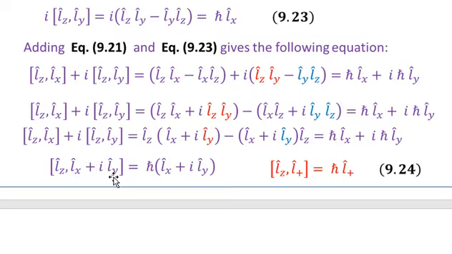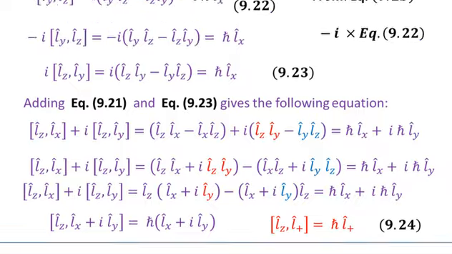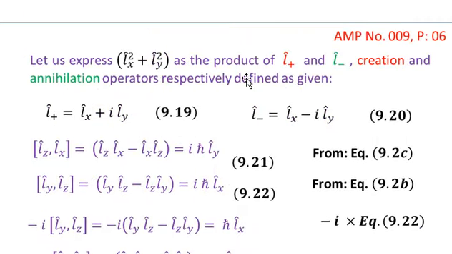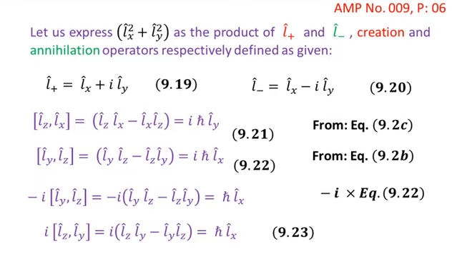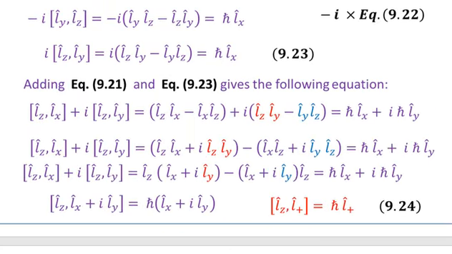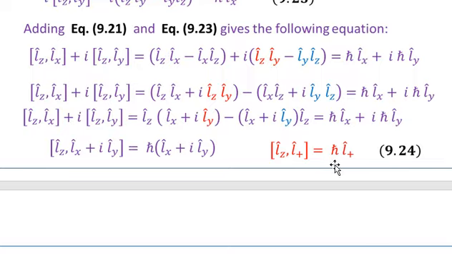Now I can use equation number 9.19 shown over here, and I can replace Lx plus iota times Ly by the quantity L plus, which is the raising or the creation operator. As shown in equation number 24 in red, the commutator of Lz and L plus is equal to h bar L plus.